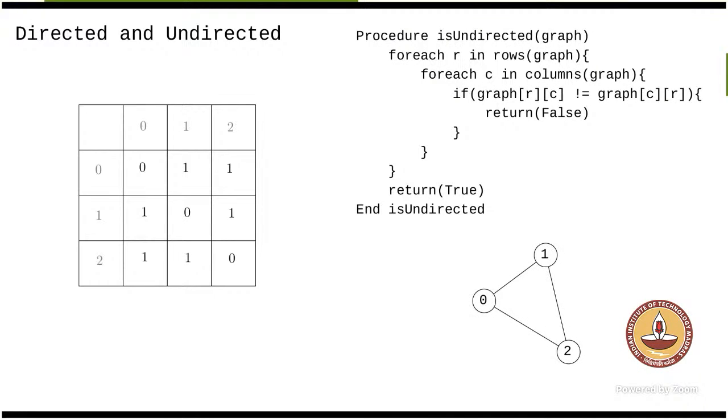Now, how many iterations will we go through before we return the answer? Each case has to be checked, so 9 cases, so 3 iterations. 3 in the outer and 3 in the inner.